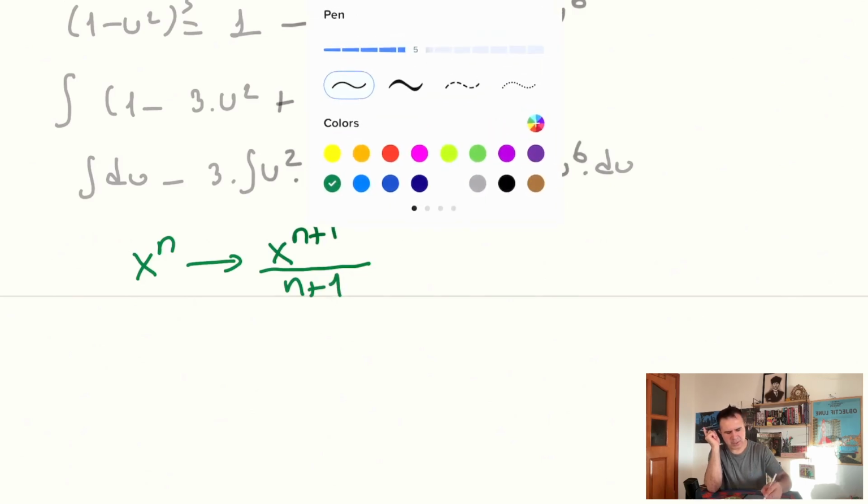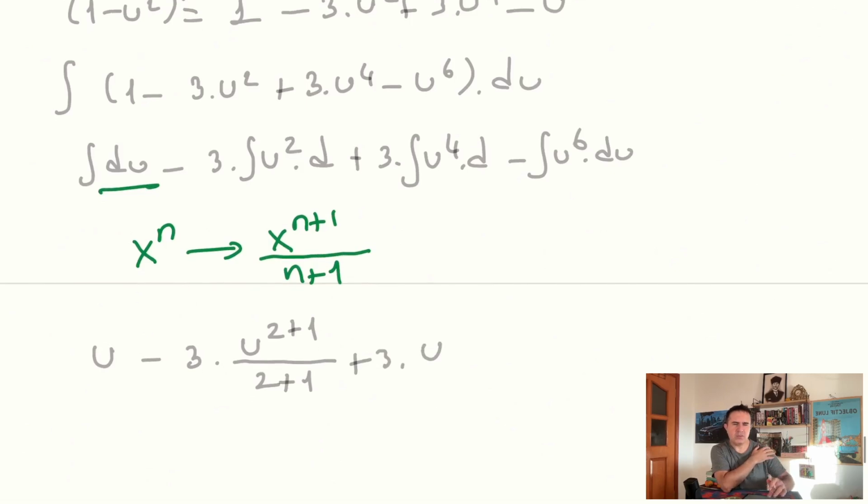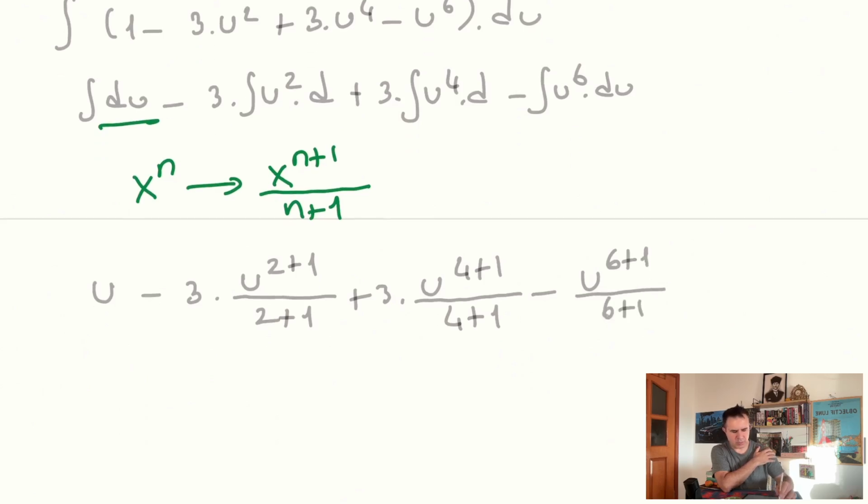Then 3 times u to the power of 4 plus 1 divided by 5, and minus u to the power of 6 plus 1 divided by the new exponent.